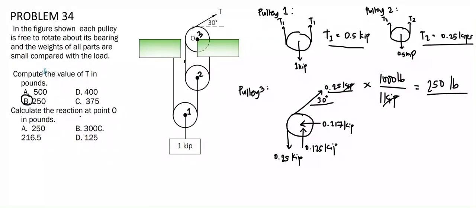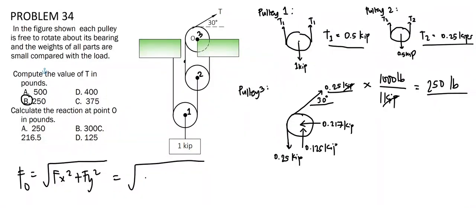And to solve for the reaction at point O, we take the square root of the components, that is Fx squared plus Fy squared, to get the net force at point O. So you have the square root of Fx equal to 0.217 kip squared plus the vertical force equal to 0.125 kip squared.